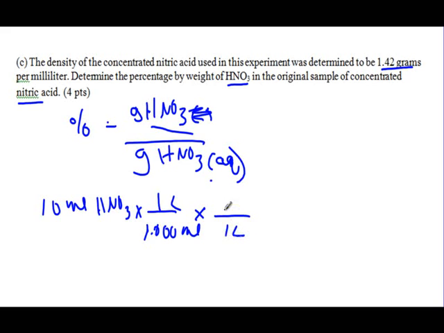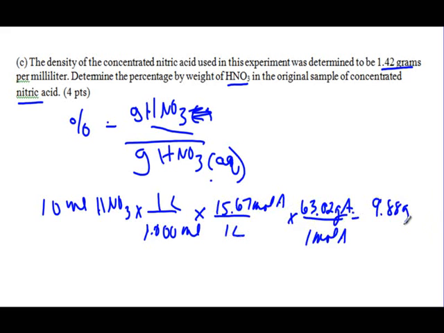So 1 liter is 15.67 moles of acid, right? And I know that in 1 mole of acid, the molar mass is 63.02 grams of the acid. And if I multiply this out, I get 9.88 grams of the acid. And so I'm going to put that up here.